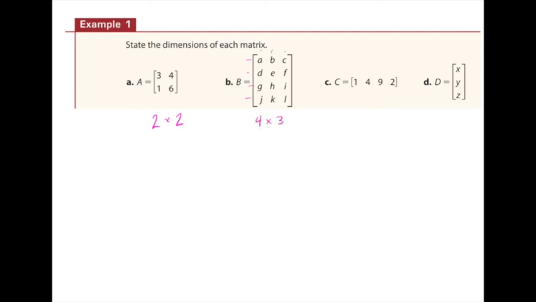This is a special type of matrix. This actually only has 1 row and 4 columns, and this is called a row matrix. So when you have just 1 row, it is a row matrix. This one actually is a 3, so 3 rows and 1 column, and so this is called a column matrix.